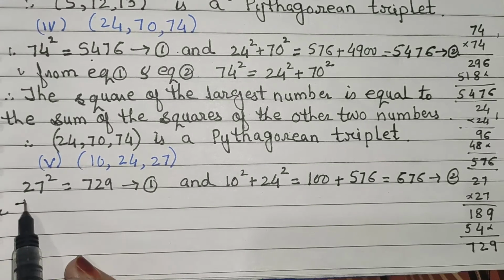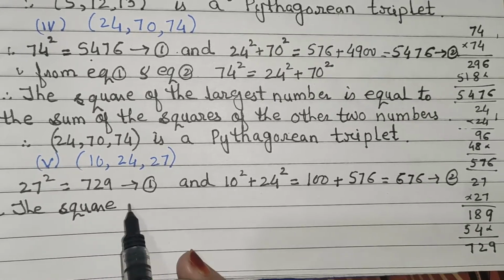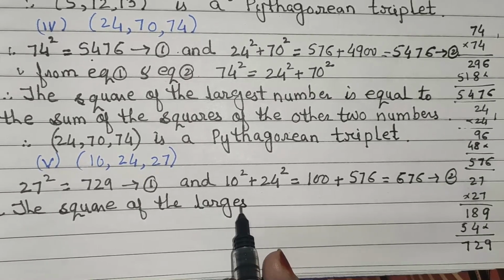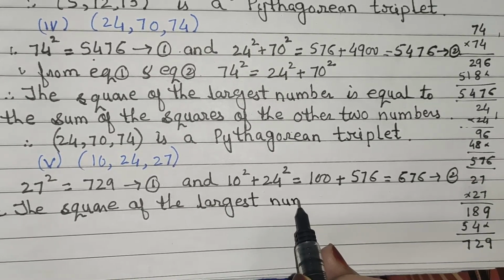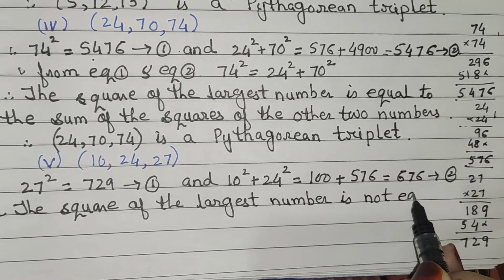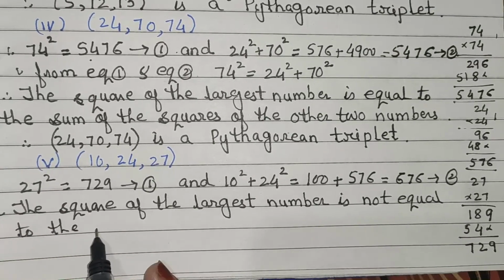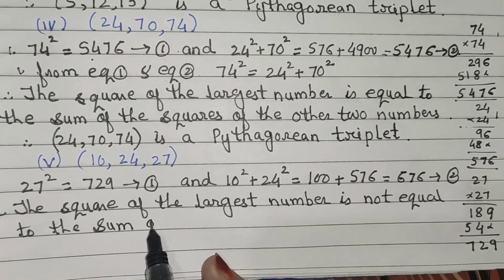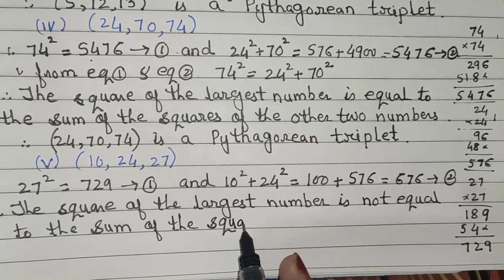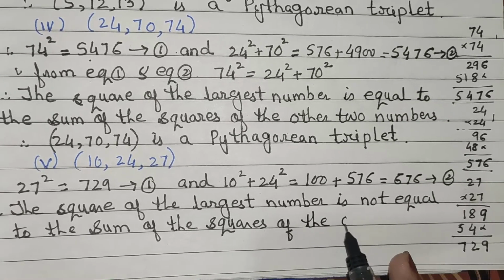Therefore, the square of the largest number is not equal to the sum of the squares of the other two numbers.